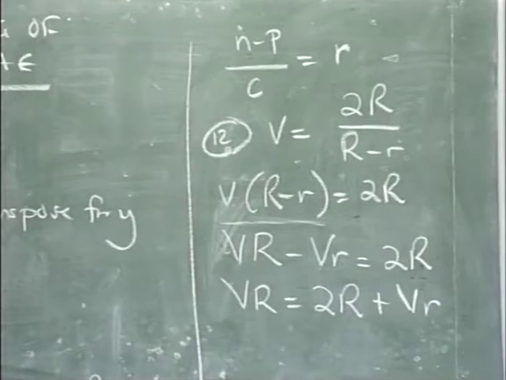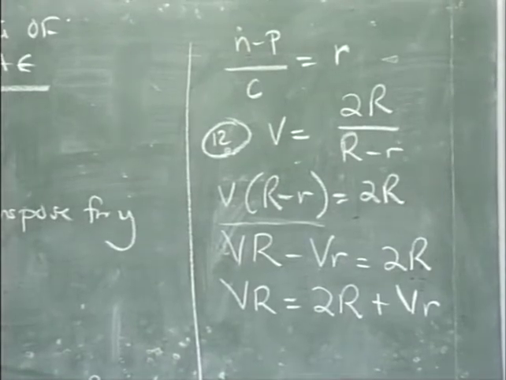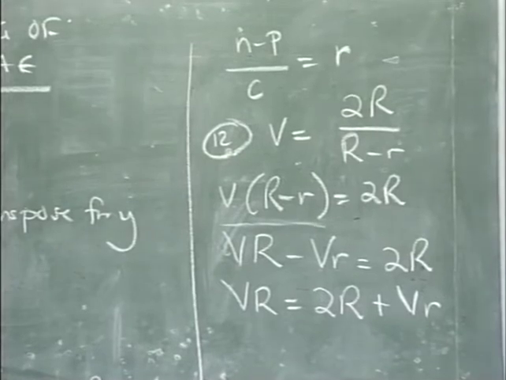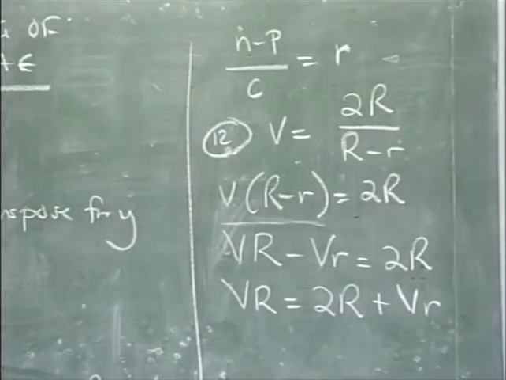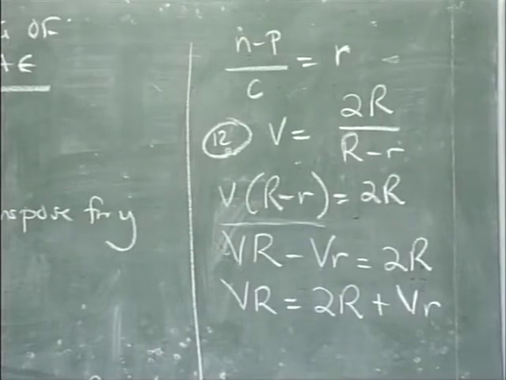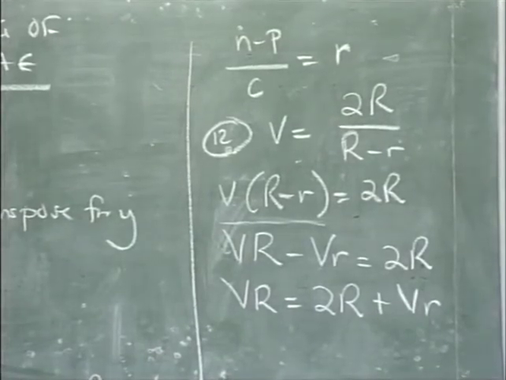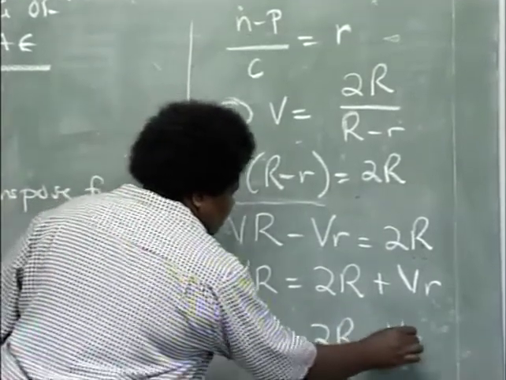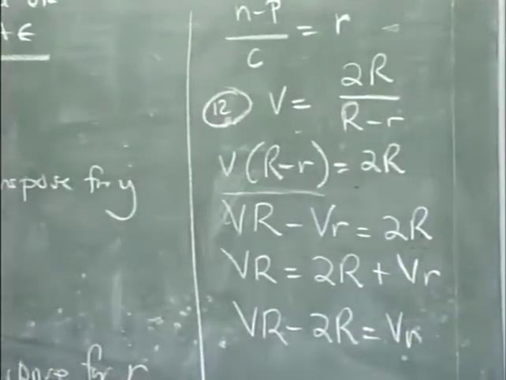Peter, what's next? Subtract 2r on both sides. Okay, good. VR minus 2r equals V times small letter r.